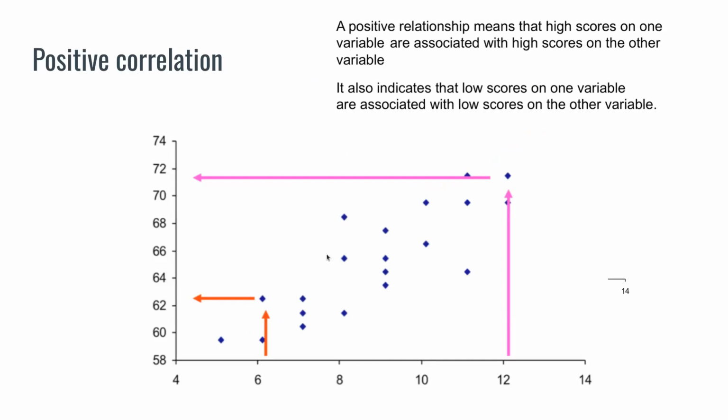A positive relationship means that high scores on one variable are associated with high scores on the other variable. It also indicates that low scores on one variable are associated with low scores on the other variable.